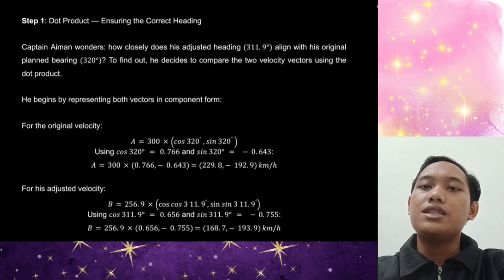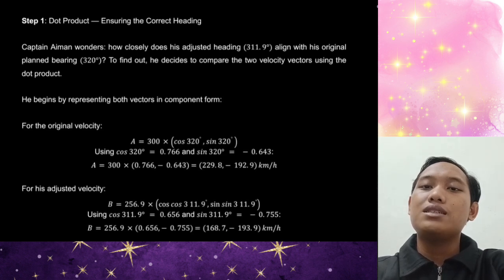For the original velocity, A equals 300 times (cos 320 degrees, sin 320 degrees). We use cos 320 degrees equals 0.766 and sin 320 degrees equals negative 0.643.